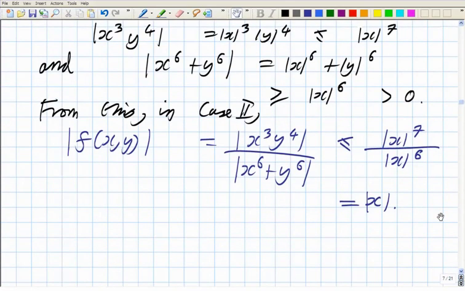Well, so in one case it's at most mod y, in the other case it's at most mod x. But in both cases it's less than or equal to, say, mod x plus mod y, and that covers all possibilities.